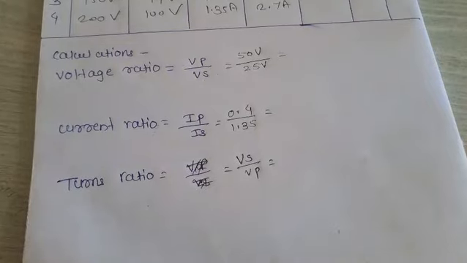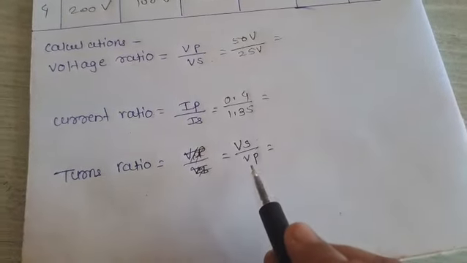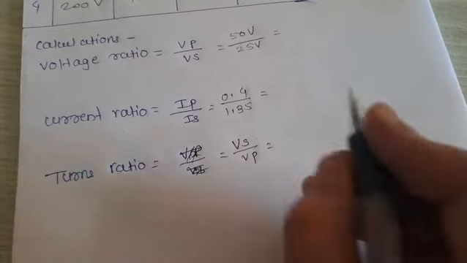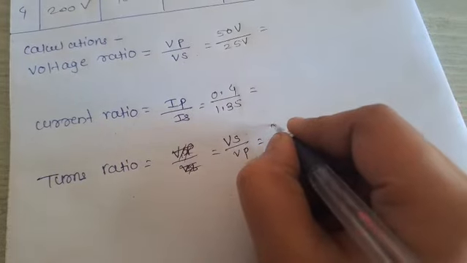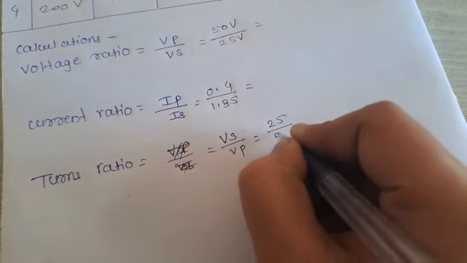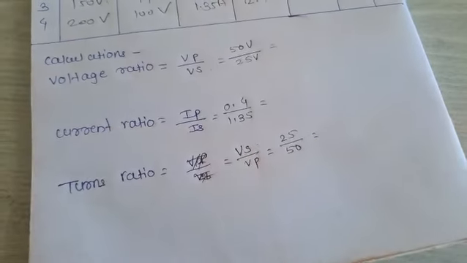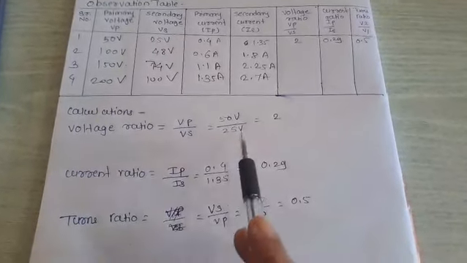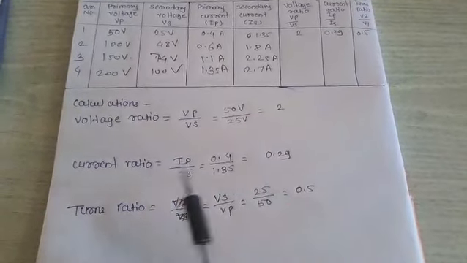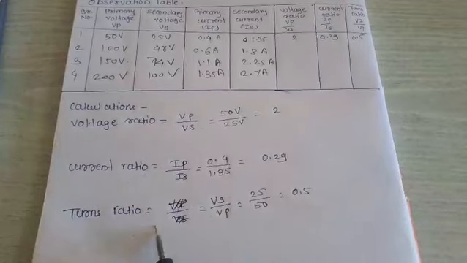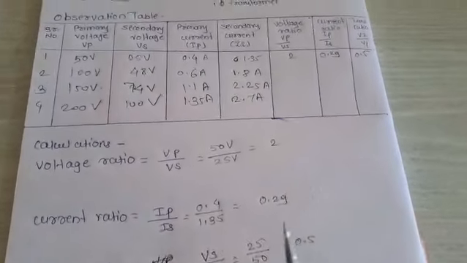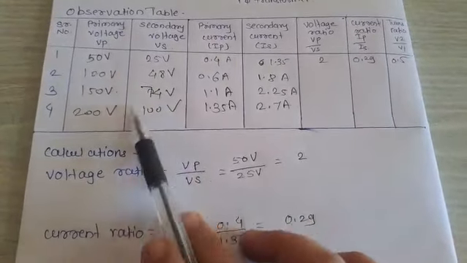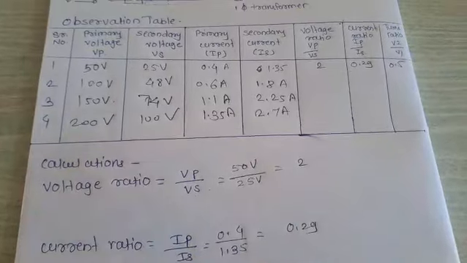For the turns ratio, we find the ratio of Vs upon Vp, that is 25 upon 50. From the calculations, for the first reading the voltage ratio equals 2, the current ratio equals 0.29, and the turns ratio equals 0.5.